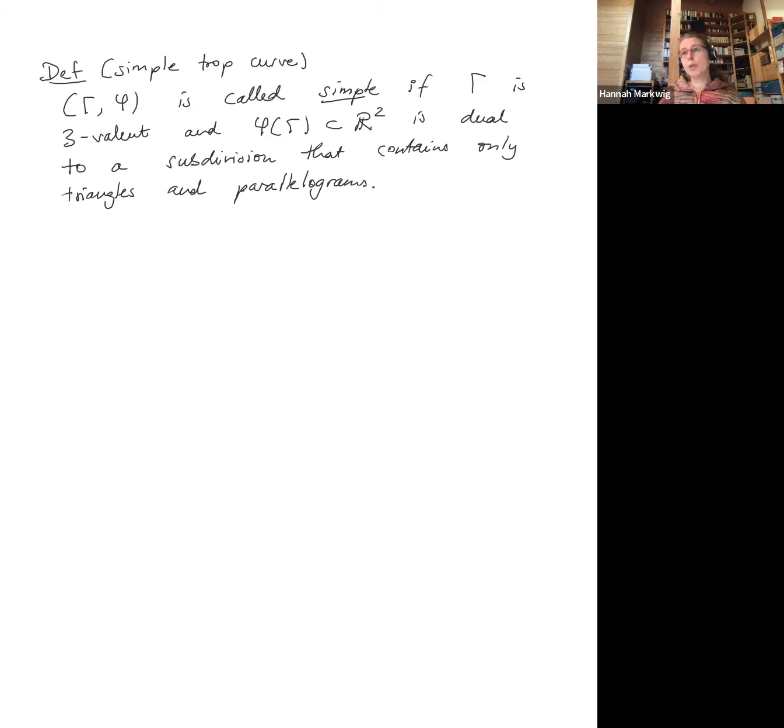And how are you supposed to understand that? Well, the triangles are dual to three-valent vertices, and the parallelograms are dual to crossings, right? So we have a triangle, it's dual to a three-valent vertex of my curve. We have a parallelogram, it's dual to what we want to think of as a crossing, because we're parameterizing our tropical curve.